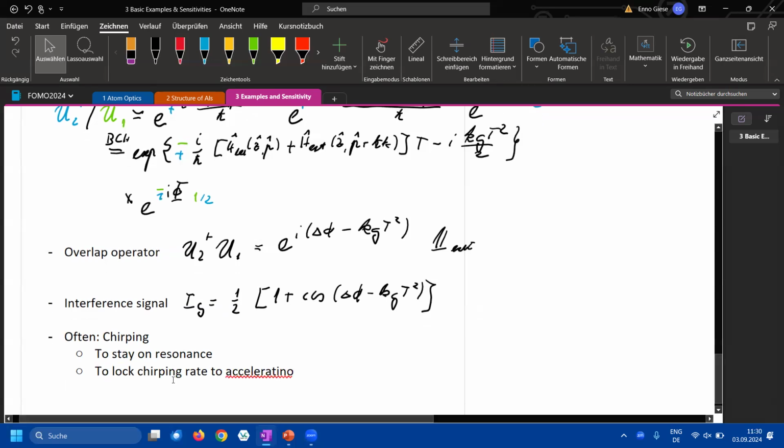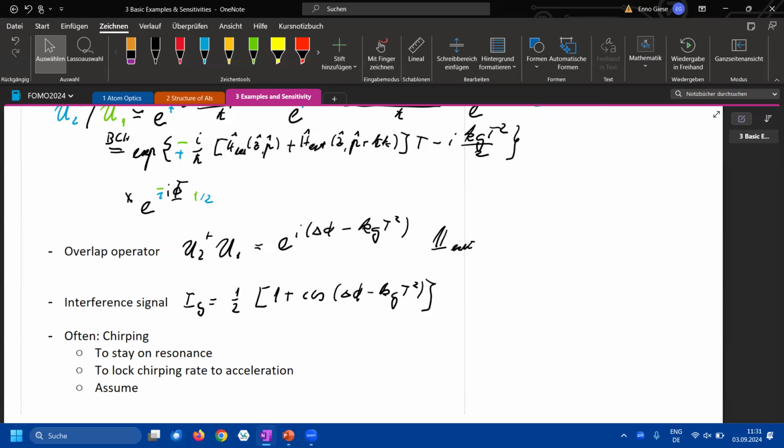And for that, we now assume the following. We assume that our laser phase changes. So this delta phi that we had was this difference of three phases that I've written down here: phi 2 minus 2 times phi 1 plus phi naught. And we said these are the initial phases of those pulses.